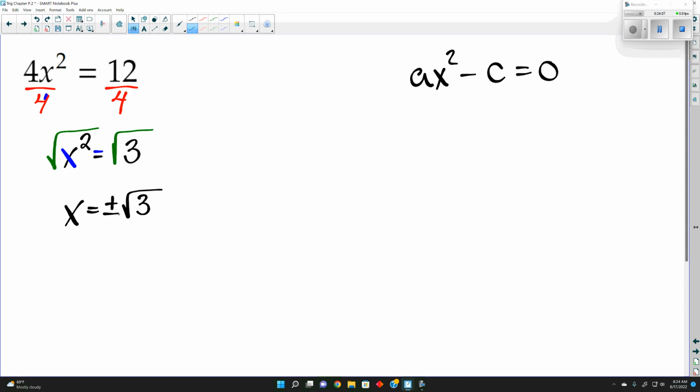Because whenever we square root both sides, we're trying to see what number times itself gives us 3. Because positive square root of 3 times positive square root of 3 would give us 3. Negative square root of 3 and negative square root of 3, the negative would multiply together to give us positive. And the square root of 3 times square root of 3 would still give us back to 3. So we have this here.